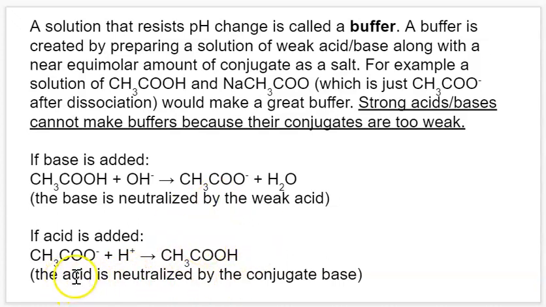So in this case, the acid that we added to the solution is going to be neutralized by the conjugate base instead of lowering the pH. So in both of these cases, since we had a bunch of acetic acid and acetate in solution, neither the addition of hydroxide or hydrogen ions was able to change the pH of the solution because they both got neutralized by one of the substances that was available.